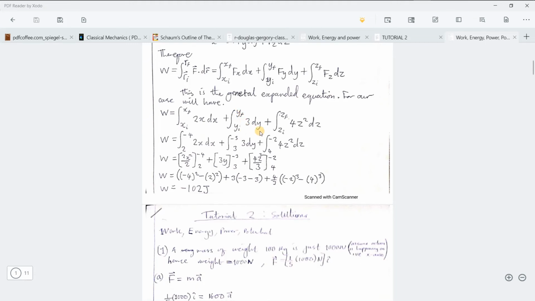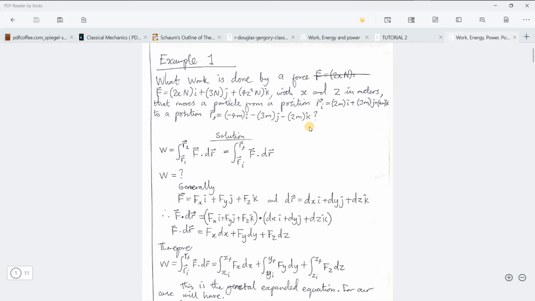Now looking at this part, have you seen our yi is here and our yf is there? So let's go back to the question and check for our yi and our yf. So yi is 3 here. This is just 3 meters, so we just pick the 3, as we did here, we just took the 2. So here we pick the 3 for our yi, and the -3. Since there's a minus here, we take the -3 as our yf.